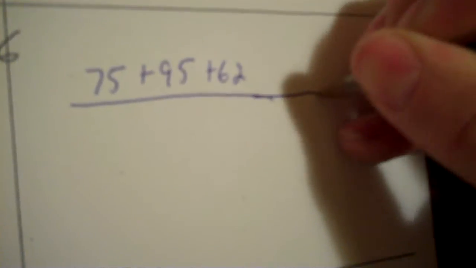Okay, next one, 90, 75, 95, 62, 74, 86. So we add. We're going to divide that answer by 5. Okay, I got 392. 392 divided by 5 is going to be 78.4.